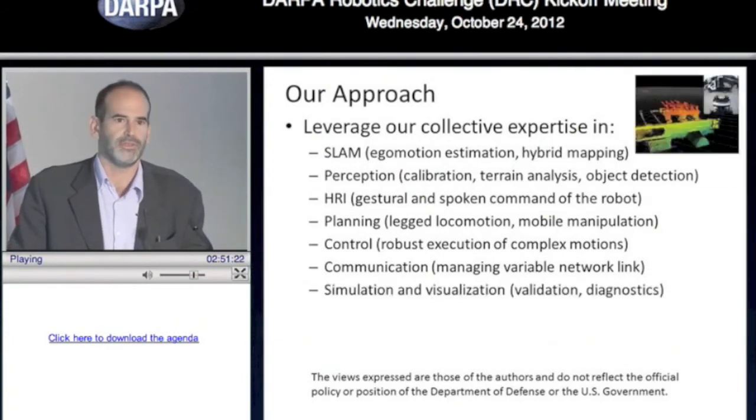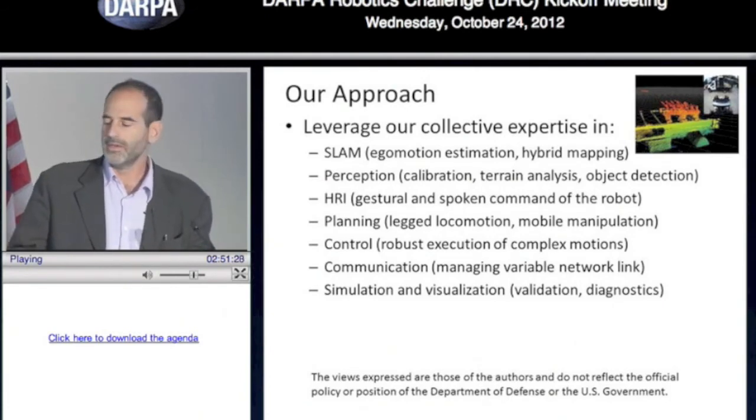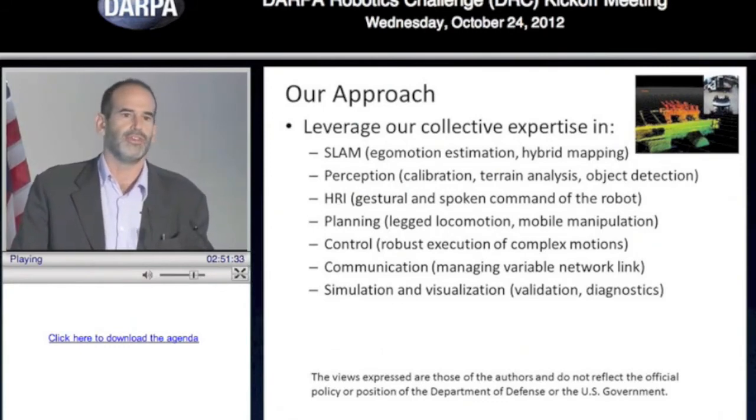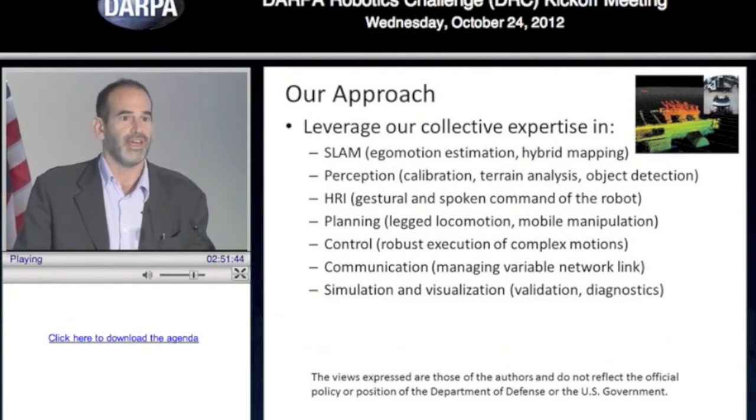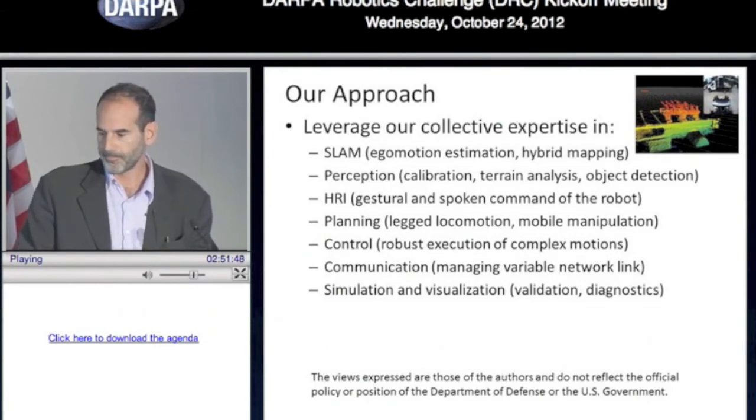And simulation and visualization. So we do a lot of real-time inspection of our algorithms, including logging and OpenGL visualization and so forth. This is using a tool called LCM that came out of MIT's 2006-07 DARPA Urban Challenge team. That is an open source tool. We urge people to check that out as well. It's fully interoperable with ROS.